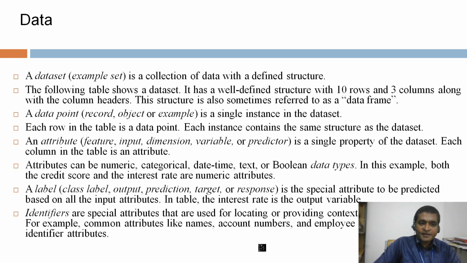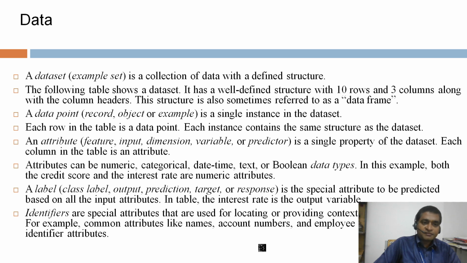A data point, or a record, or a data object, or an example, is a single instance in the data set. Each row in the table is a data point. Each instance contains the same structure as the data set.